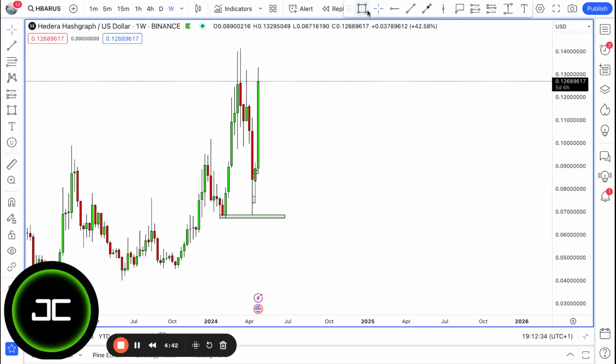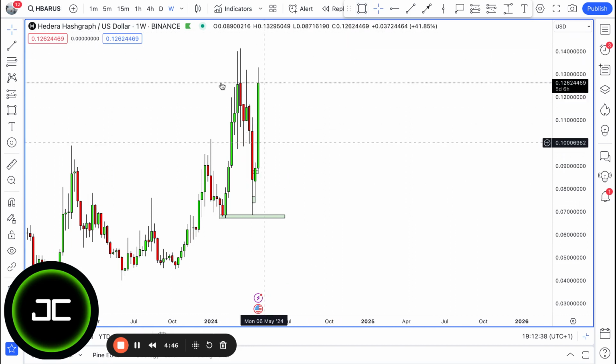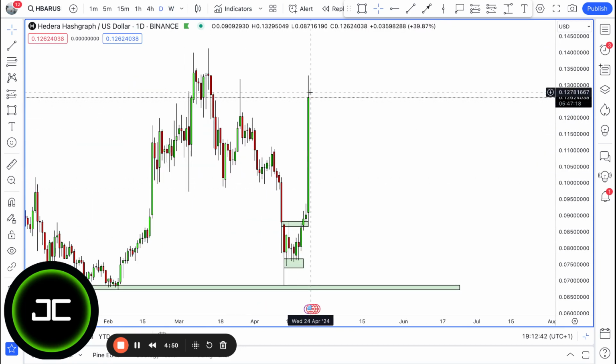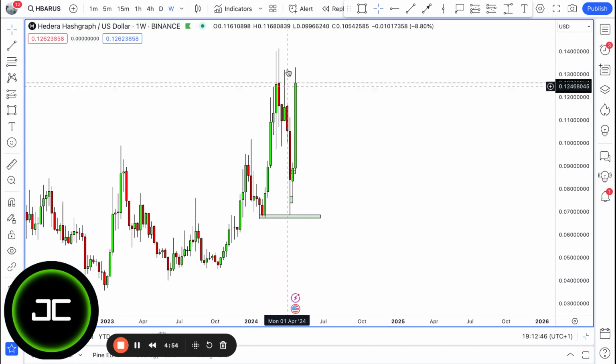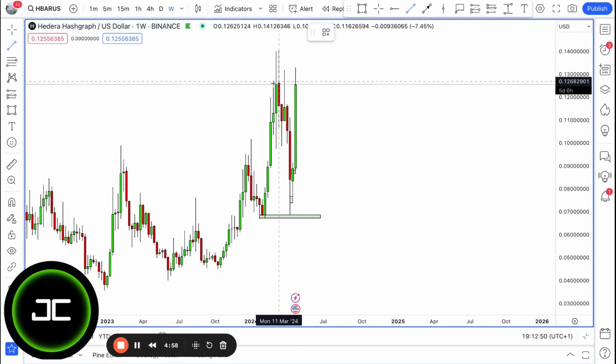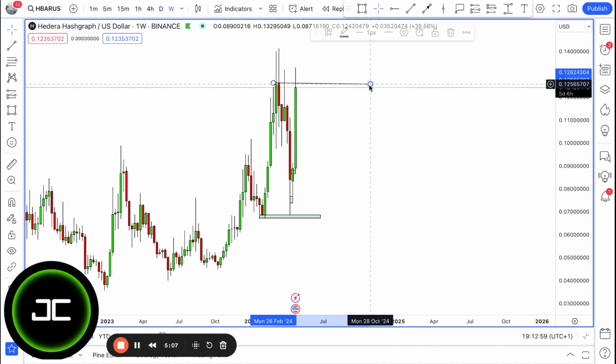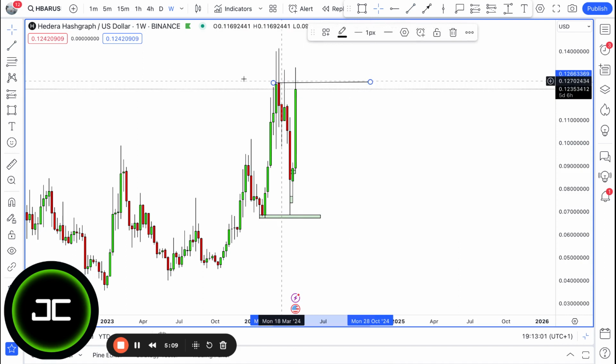First of all, what I will be looking for, though, this is the weekly candle, I'll be looking for this daily candle to just close bullish. But what would be even better is if we get a weekly close up and above this area here. I want it to close up and above this area because then our candle body is basically closing up and above these candle body highs here.